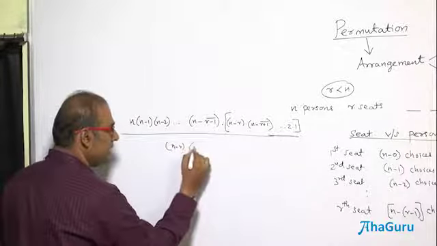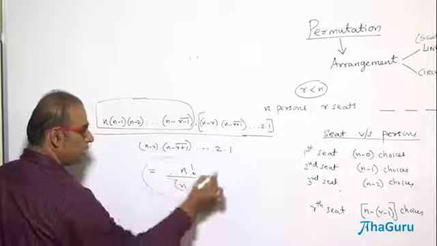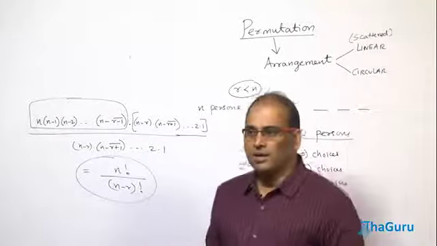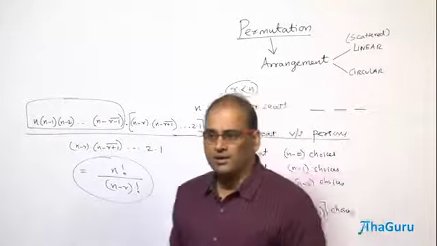Is that clear? But what is this actually? This is the number of ways of n persons occupying r seats. Clear? So this is n factorial divided by n minus r factorial. So that is r seats occupied by n persons. Are you able to follow?